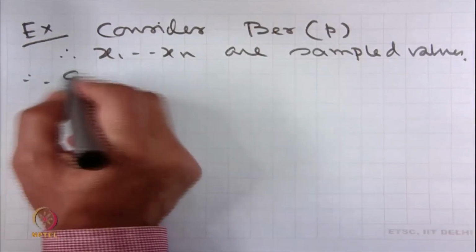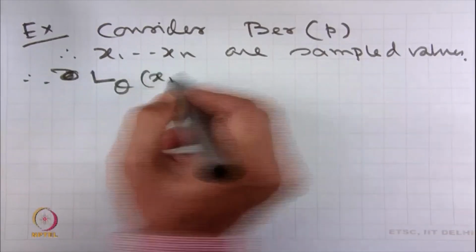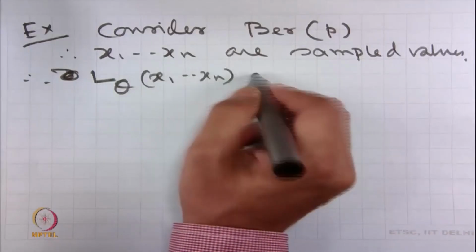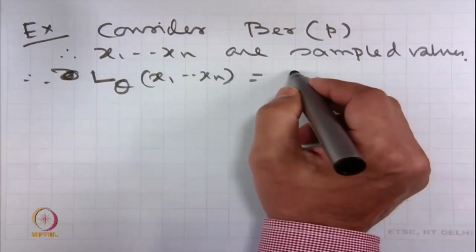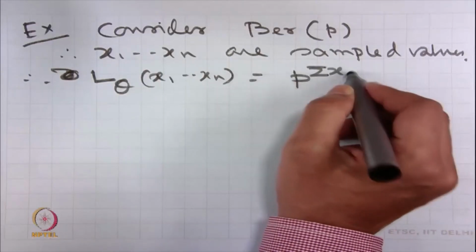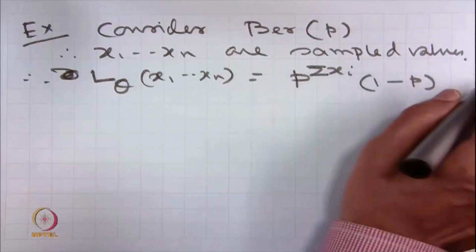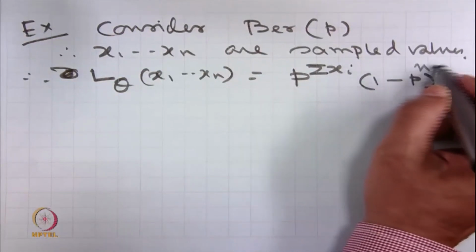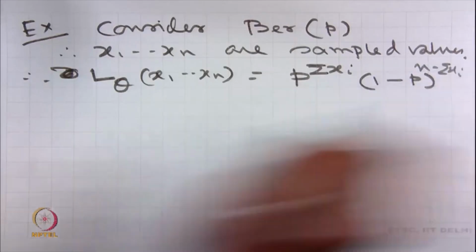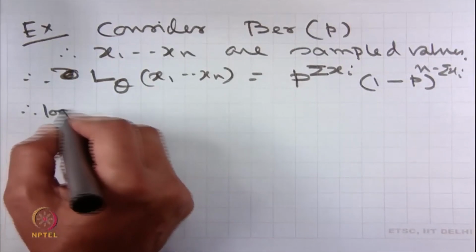Therefore, the likelihood of x1, x2, xn is, we have already seen this, p to the power sigma xi into 1 minus p whole to the power n minus sigma xi.